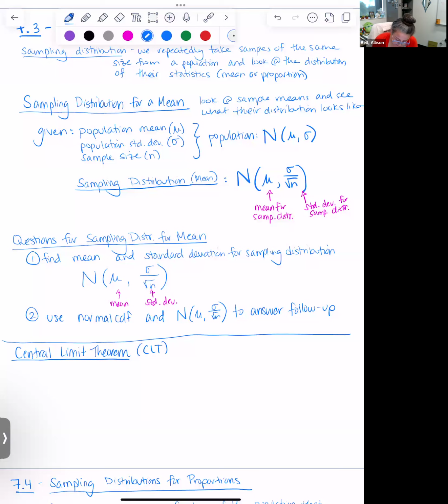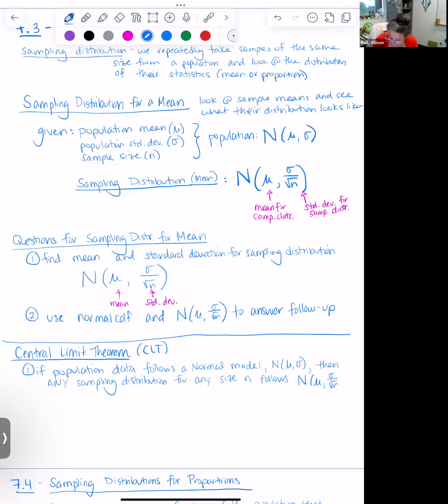But what it says is that if the population data follows a normal model, which would look like this, mu and sigma, then any sampling distribution for any size n follows the model we see above.